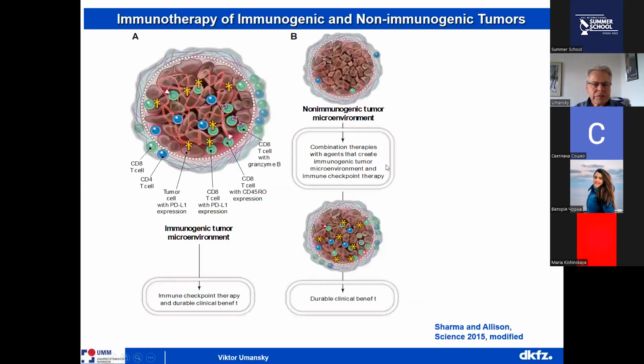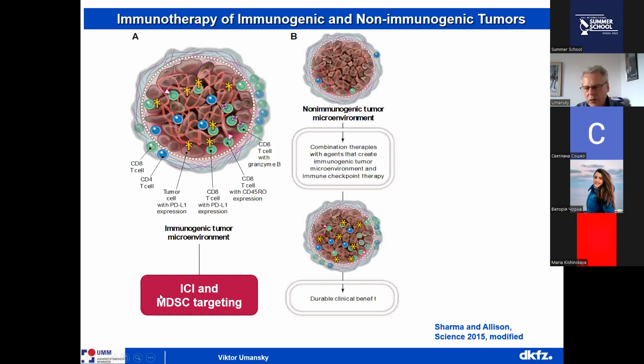We have two types of tumor: tumors characterized by an immunogenic tumor microenvironment, like melanoma or lung cancer, and non-immunogenic tumors. In an immunogenic tumor, we can make a combination of immune checkpoint inhibitors and different types of MDSC targeting.